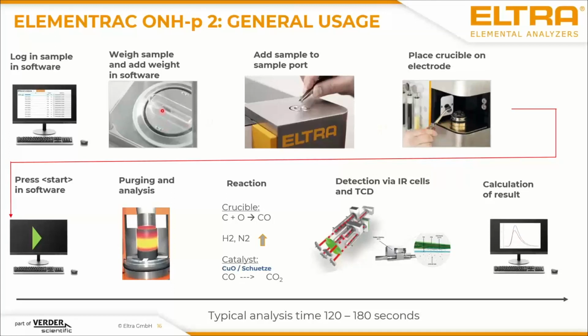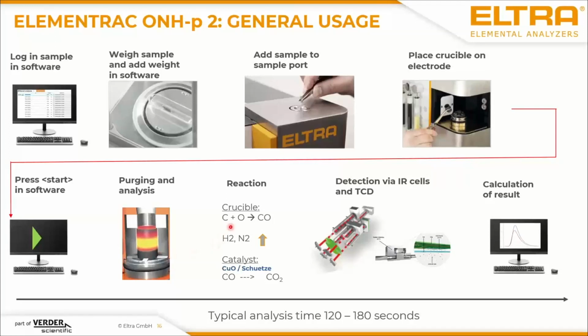You simply take your sample. Here we have a metal pin, put it on a balance, add the sample in the sample port of the analyzer. Then you place a crucible at a lower place in the analyzer, press start, and the rest will happen automatically. The rest is that we are heating up the crucible, and then the sample drops into the very hot crucible.